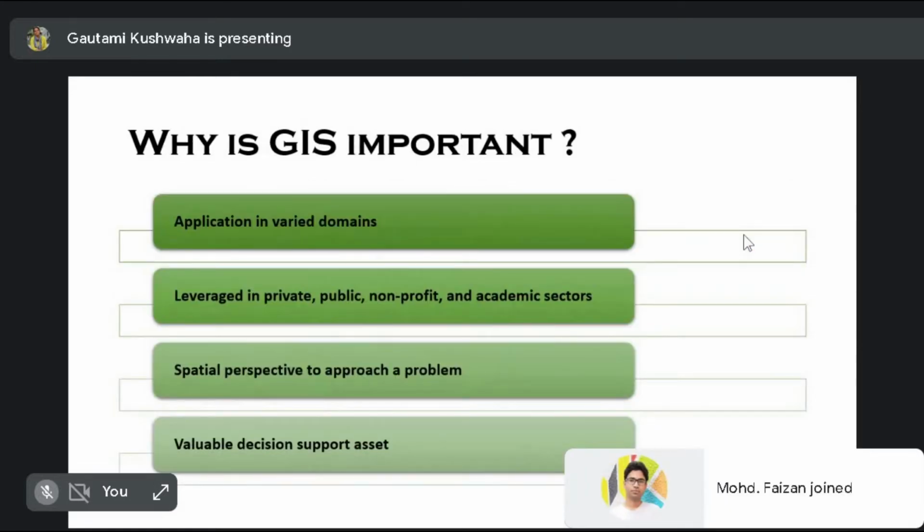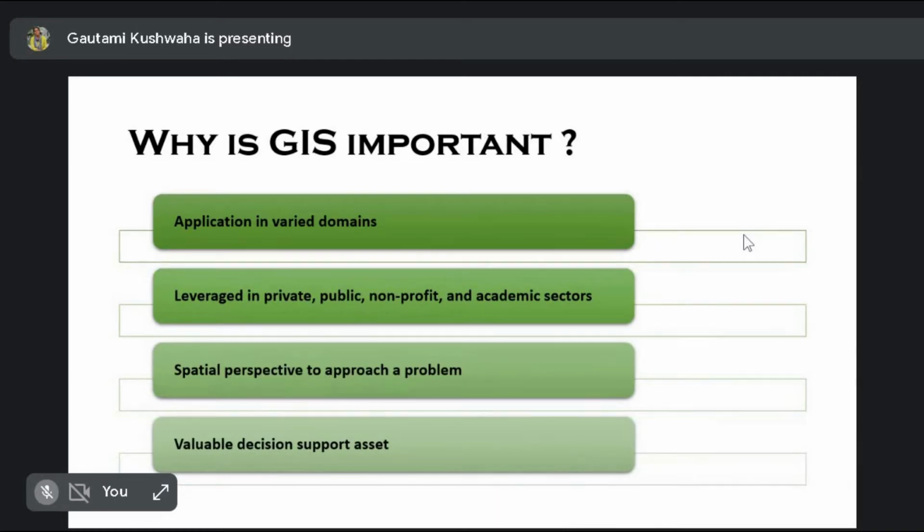Other reasons why it is important: nowadays when I look at job applications in the field of geography or urban planning, they ask for a working knowledge of GIS. It is highly used in all sectors, whether private, public, or educational and academic organizations. Other than that, knowing GIS gives you a spatial perspective on any kind of problem.